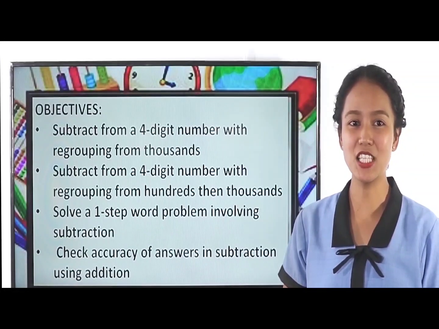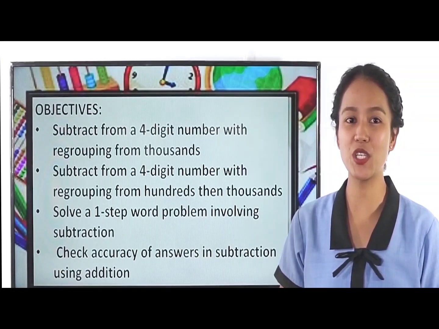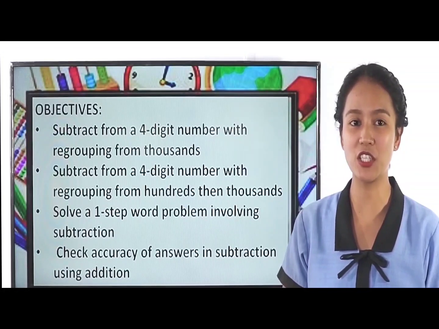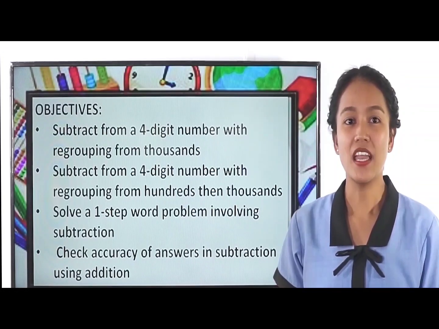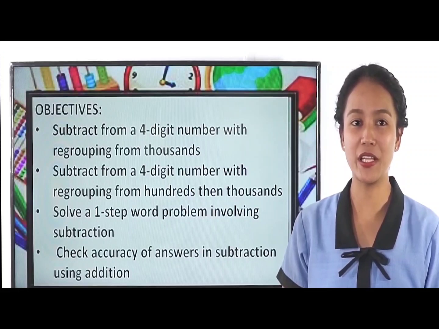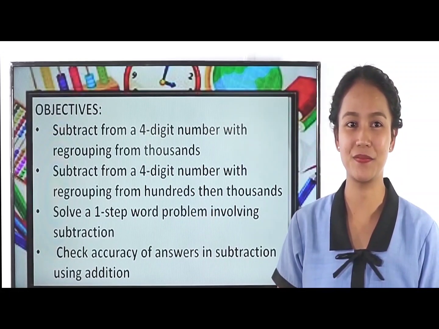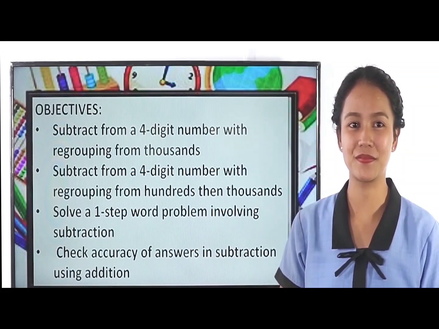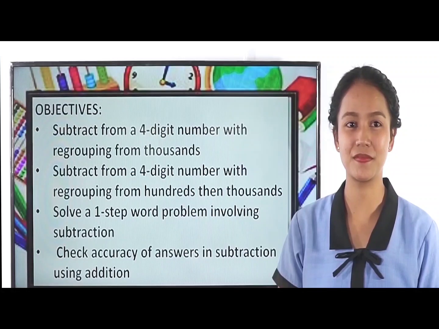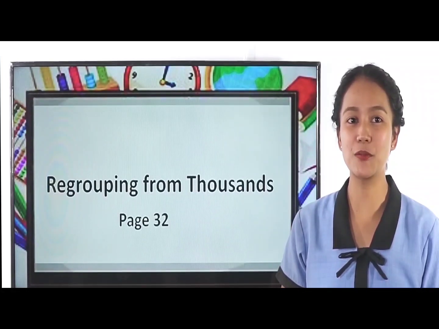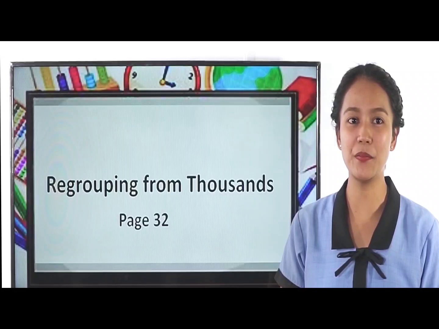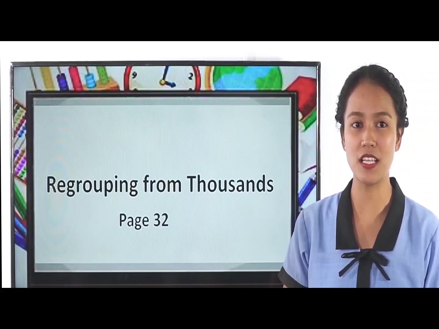Okay, now, let us proceed to our new lesson, which is the continuation of subtraction with regrouping. Here are our objectives for this lesson. Let us first discuss subtraction from a 4-digit number with regrouping from thousands.